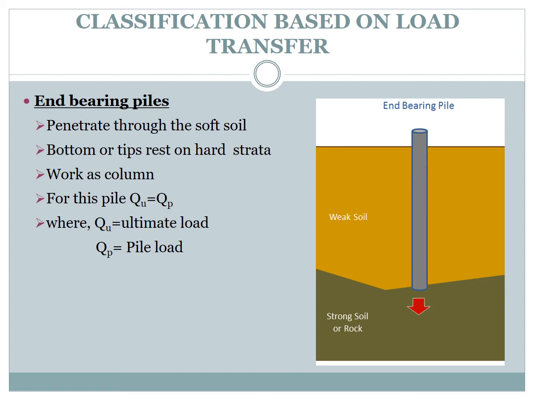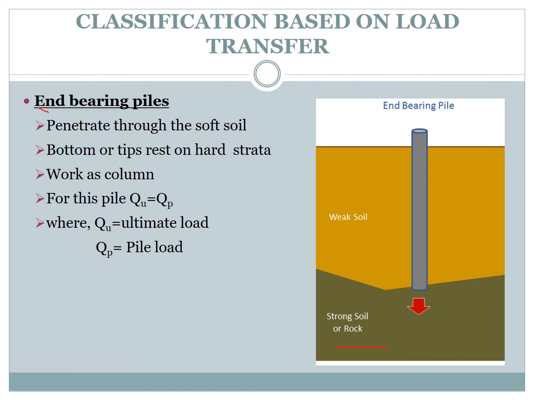First, classification based on load transfer. According to load transfer, there are two types of pile: end bearing pile and friction pile. The first one is the end bearing pile. These piles penetrate through the soft soil and their bottoms or tips rest on a hard stratum.